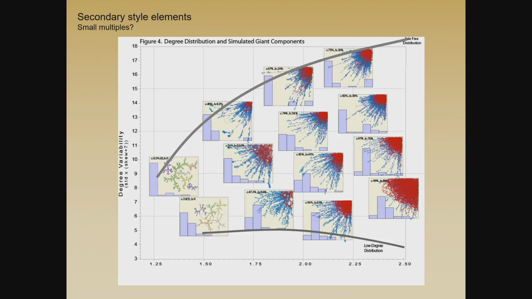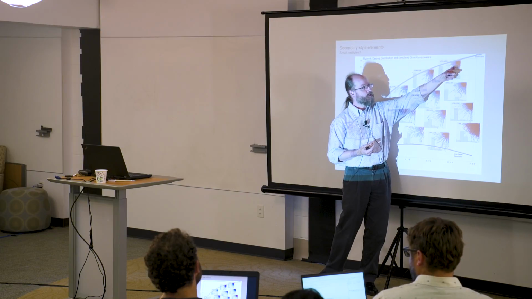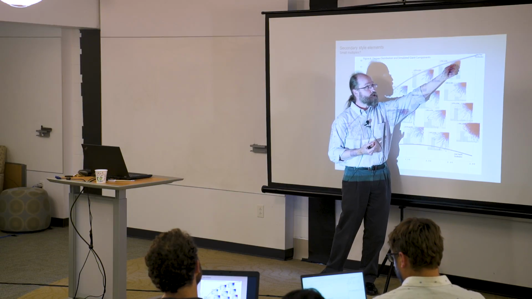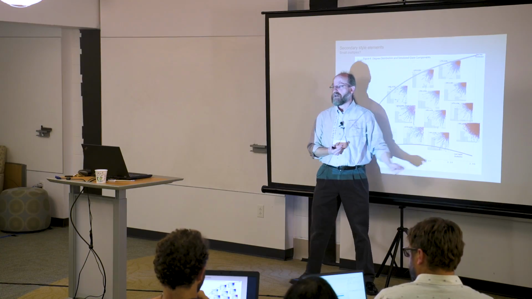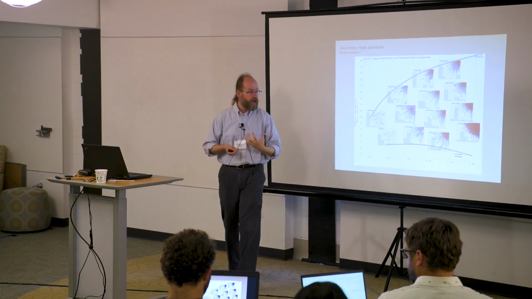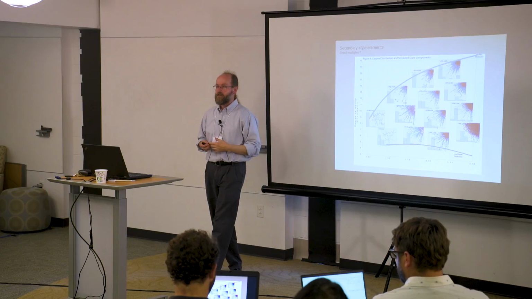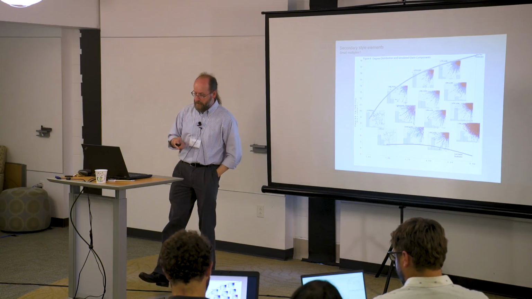Since a core periphery structure is always going to be a big tight ball with a corona around it, we just took as a representation a quarter slice of each one, and we put it at each point in the space where you have a really high degree but very skewed degree distribution, a relatively high degree but a very unskewed distribution, and it lets you see a little bit about how you can compare one to the other. This is a way that you might compare networks one to the set.